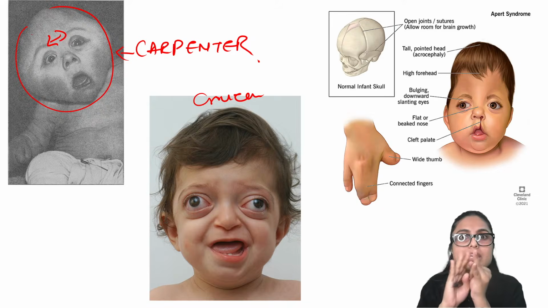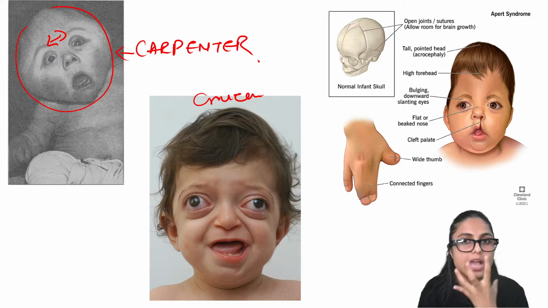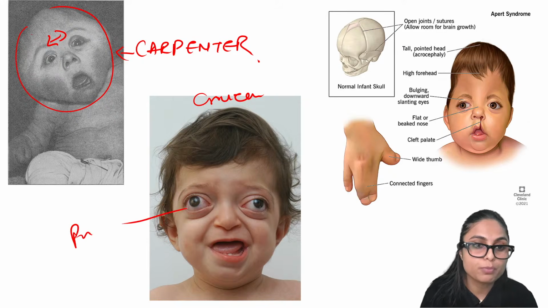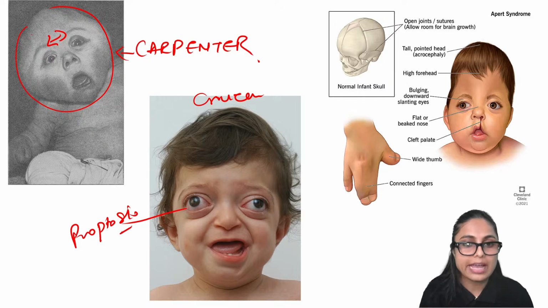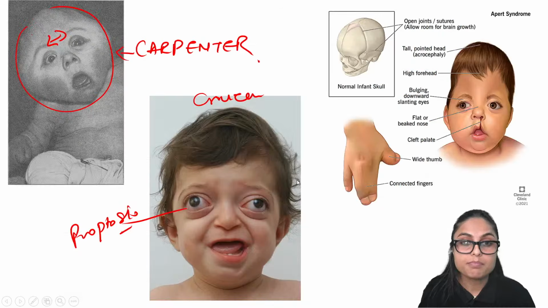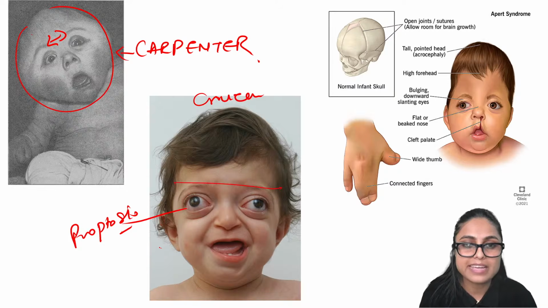No limb defects are involved in Crouzon's, only craniofacial anomalies. We have proptosis, outward bulging of the eye from the socket, and midface hypoplasia.